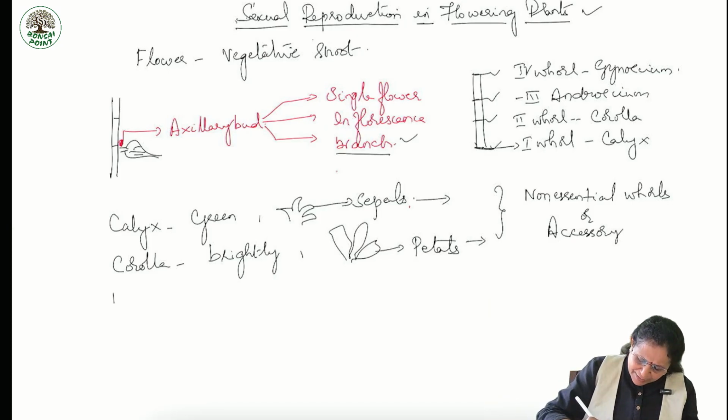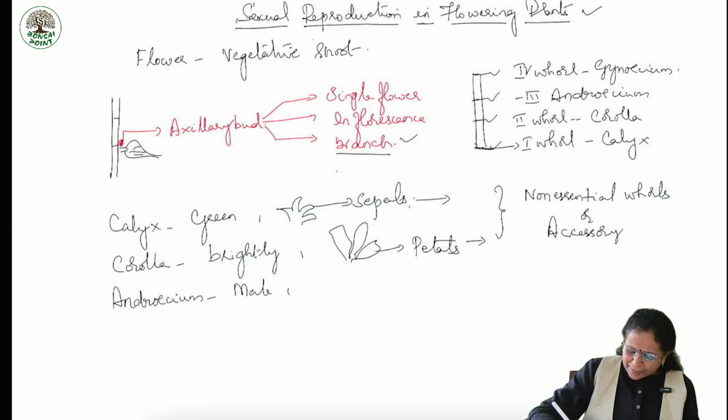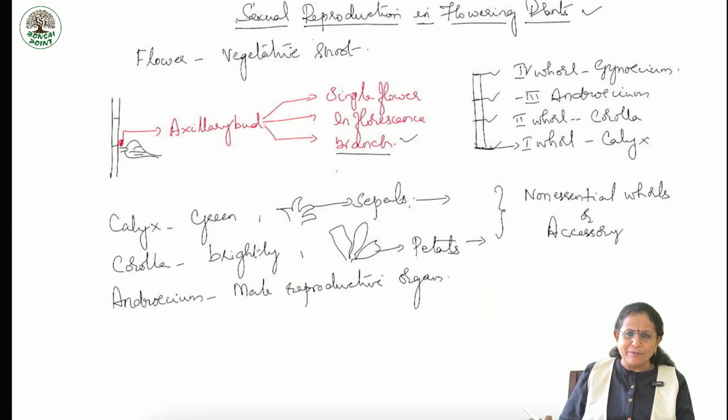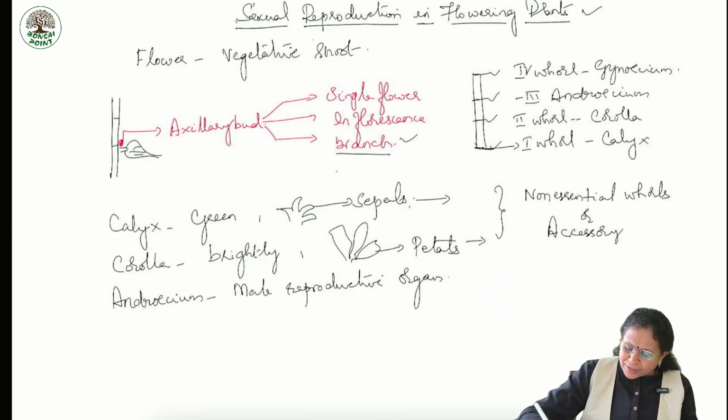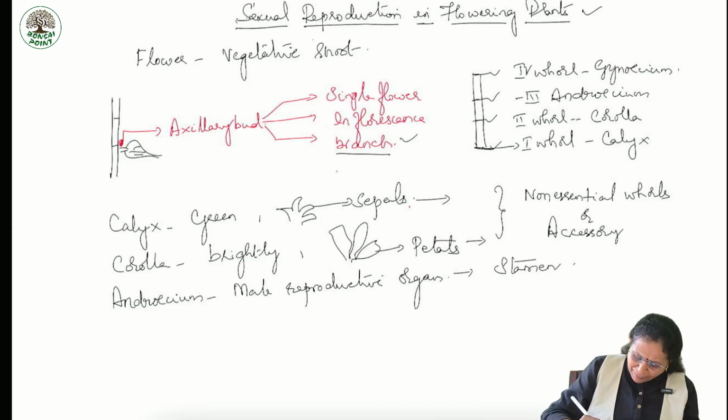On the other hand, which is the third one? Androecium, you have to remember. This is the male reproductive organ of a flower. It also has many units. Individual units of androecium are said to be stamens. On the other hand, we have the fourth one, that is gynoecium.